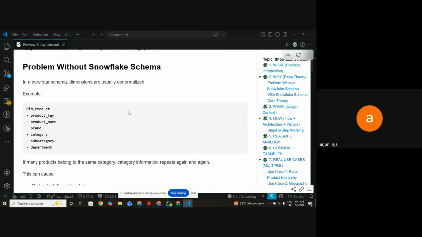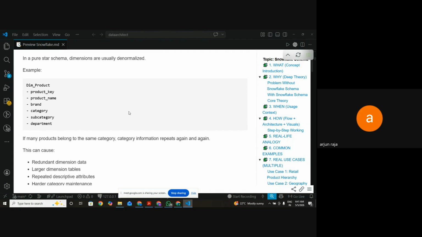In a pure star schema, dimensions are usually denormalized. Example, dim product will have product key, product name, brand, category, subcategory, department.